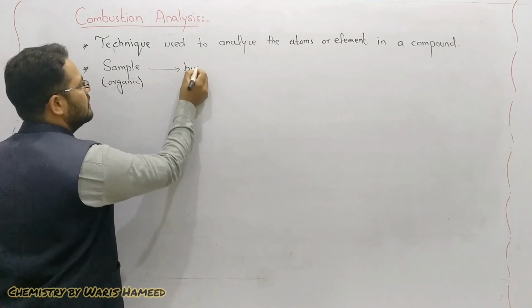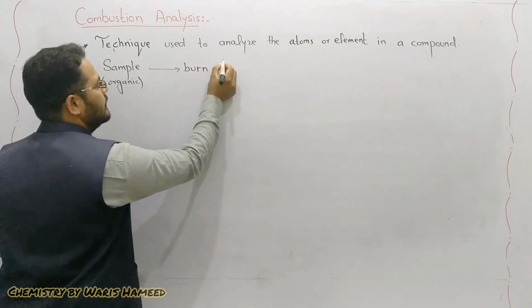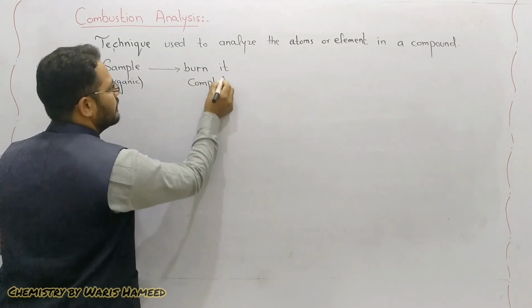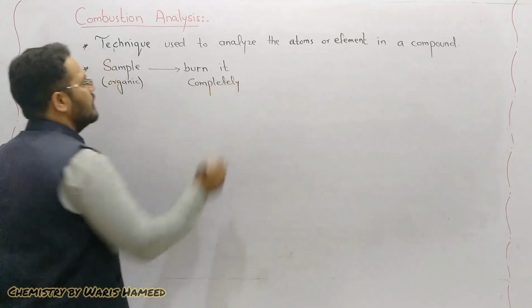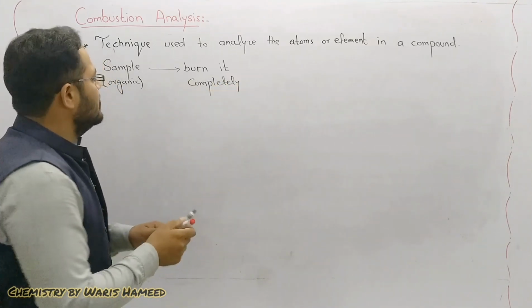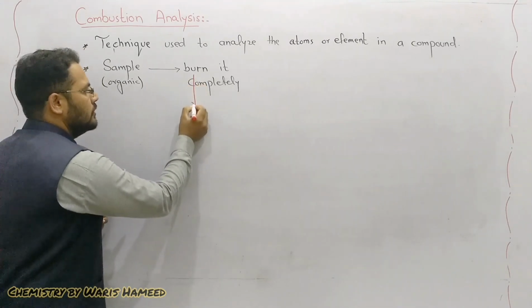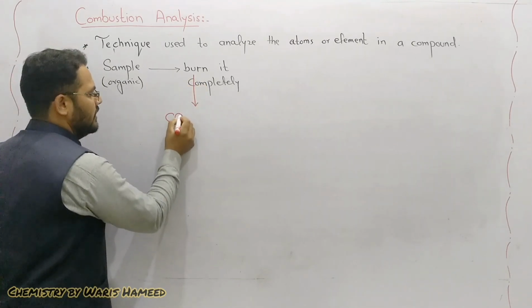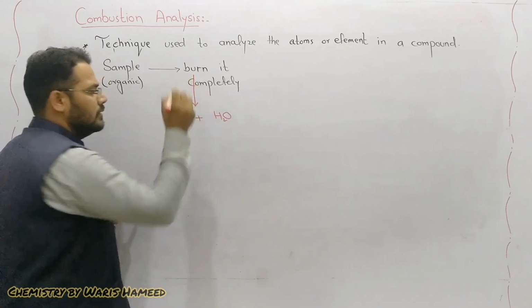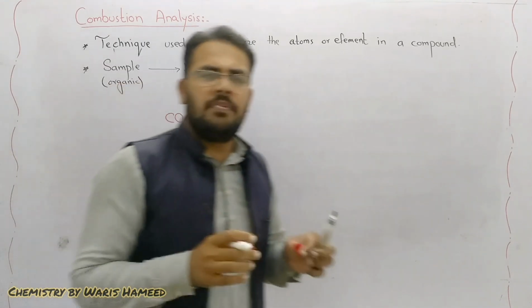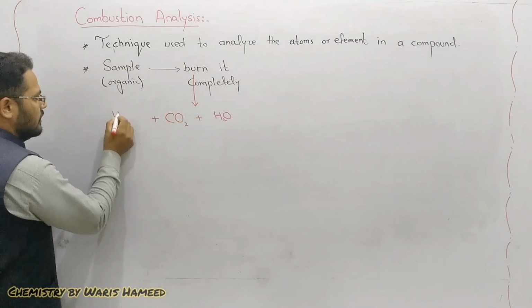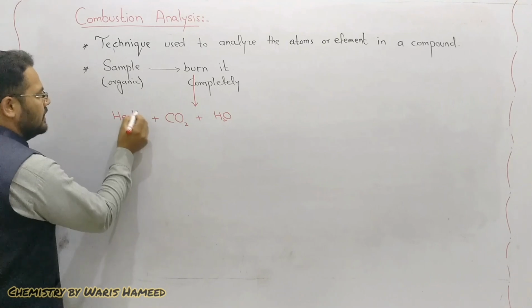We know that in the burning process there is the formation of two things. First is carbon dioxide and second is water. These are the main products, and we also obtain heat by the burning process.